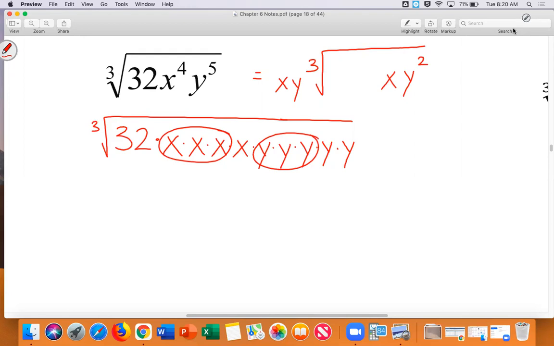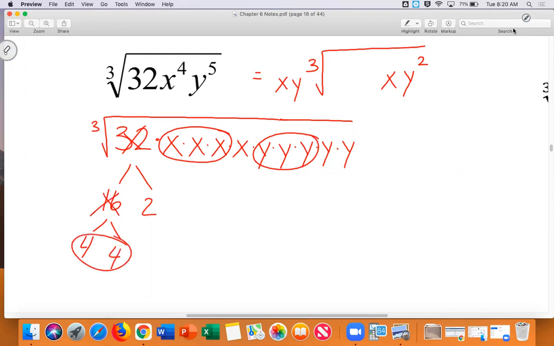So I divide. Now, let's break down 32. Give me 2 numbers that go into 32. Two numbers that go into 16: 4 and 4, or you could do 8 and 2. There's your pair of 4.